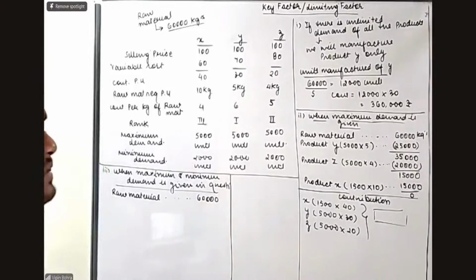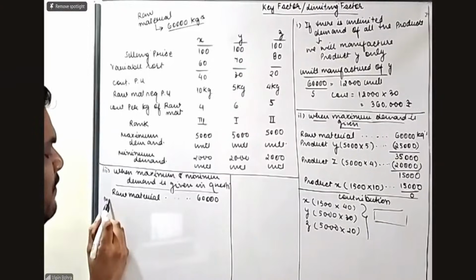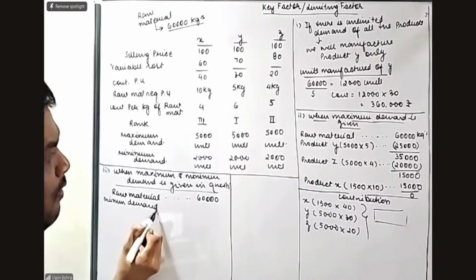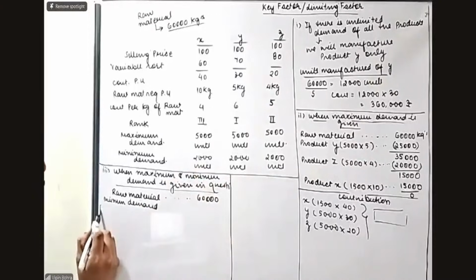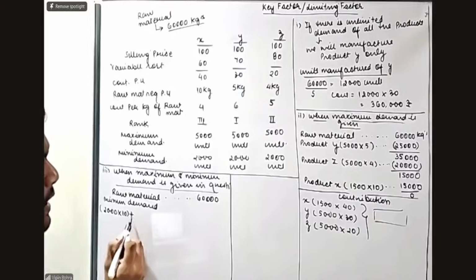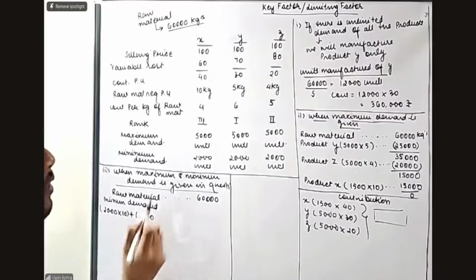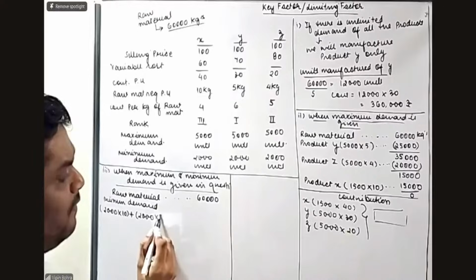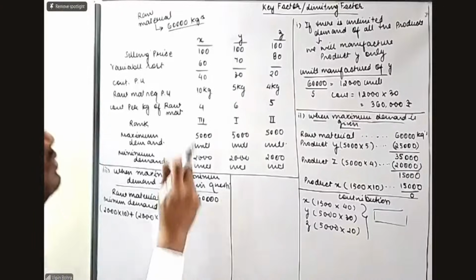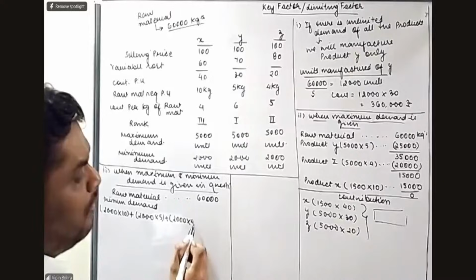We have 60,000 kgs of raw material, so we'll first fulfill the minimum demand, wherein we have to manufacture 2,000 units of a product. So 2,000 into 10, 2,000 into 5, plus 2,000 into 4.